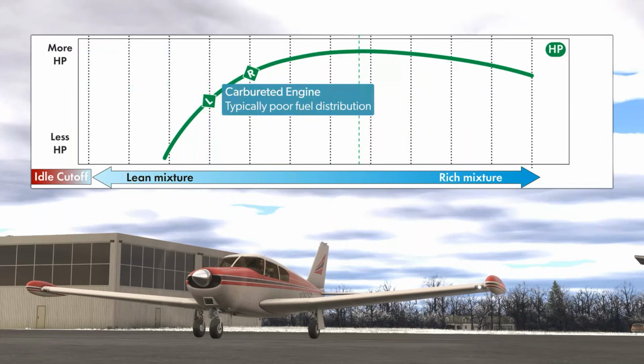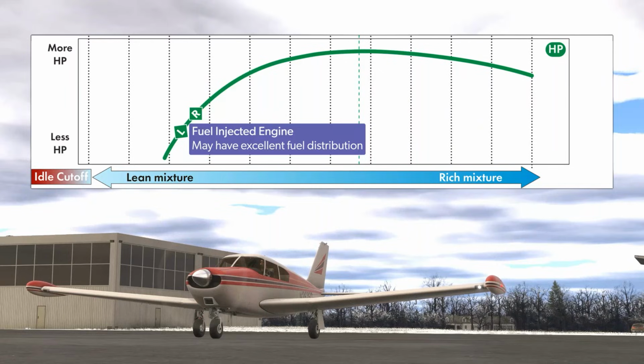So where that limit is, how lean you can actually get, depends on how tight the fuel distribution is between cylinders. A typical carbureted engine that doesn't have great fuel distribution is going to have a wider spread between the leanest and the richest cylinders. And you're not going to be able to get it quite as lean as you would if you had, say, a fuel injected engine that maybe has tuned injectors like GAMIjectors, which keep the fuel distribution really tight.